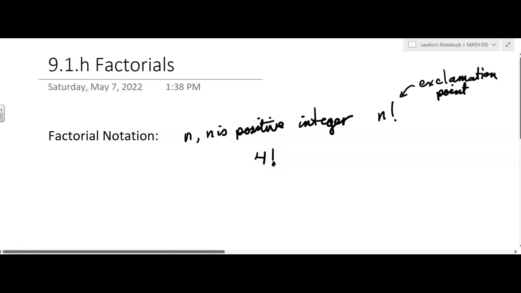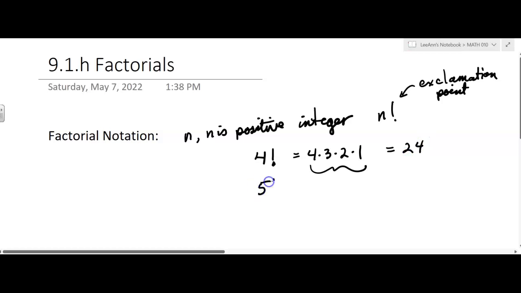Okay, but it has a meaning, and what it means is 4 times 3 times 2 times 1. And you stop at 1, so you don't keep going, but it means that value. So 4 factorial can be calculated by going 4 times 3 times 2 times 1, which is 12 times 2, which is 24. Okay, so that's how you do it.